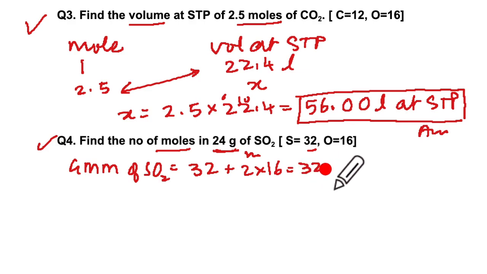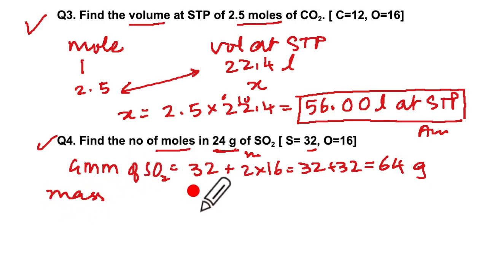That will be 32 plus 32, which will be 64 gram. Alright, now the two quantities: given quantity first means mass. What we have to find? Number of moles. This becomes the simplest way of answering these questions on mole concept. If it is 1 mole, then mass will be GMM.